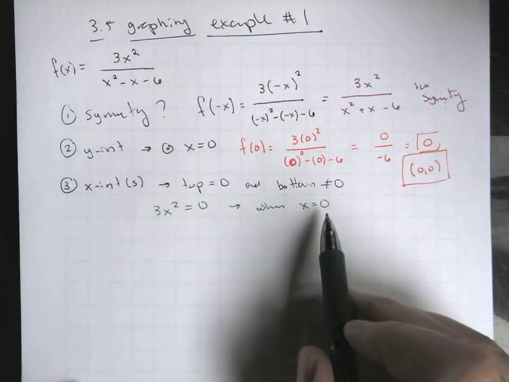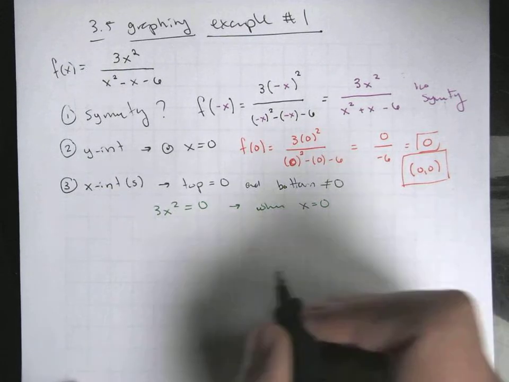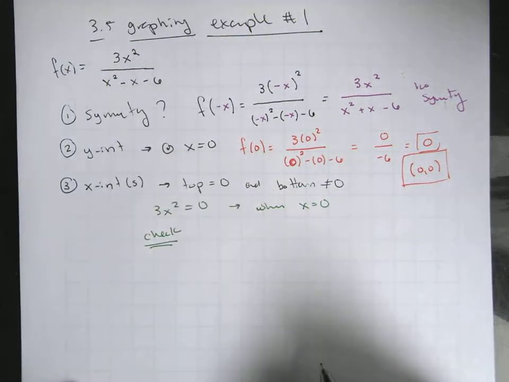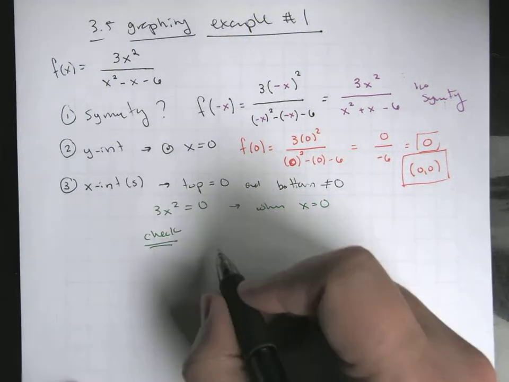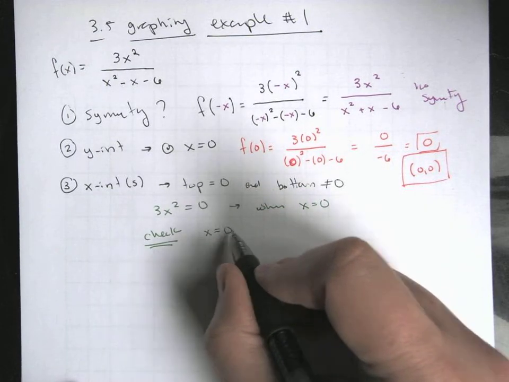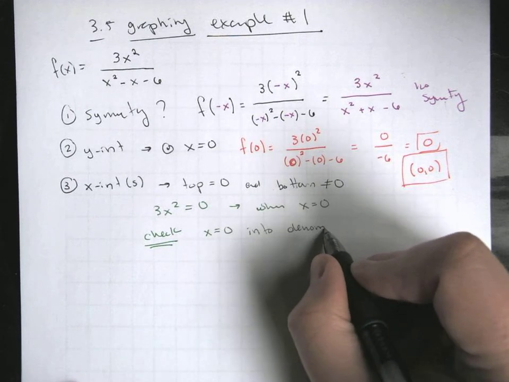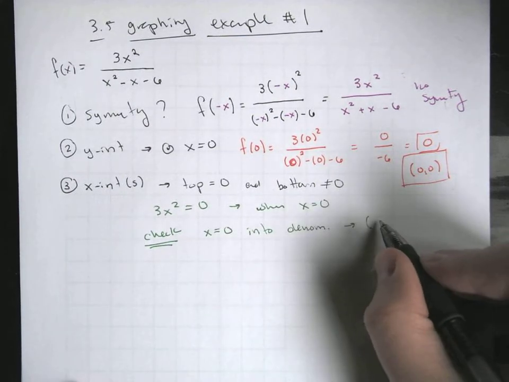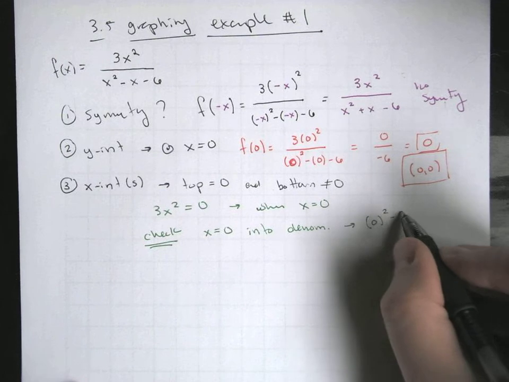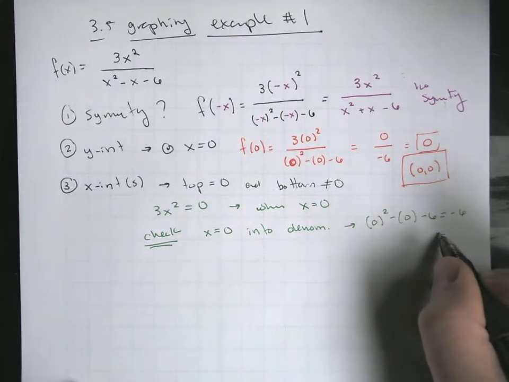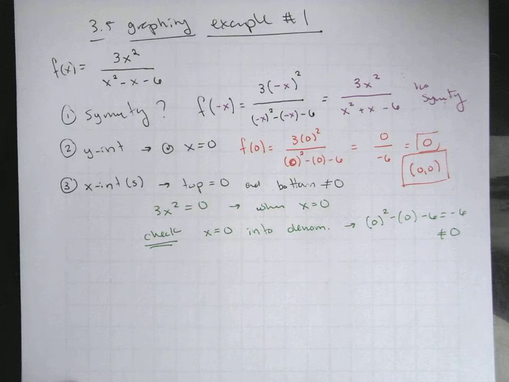We already know that this is not going to make the bottom 0, but we should do a check. I'll write everything out as if we don't necessarily know the information from the other steps. So let's check x equals 0 into our denominator. That's going to look like 0 squared minus 0 minus 6 is negative 6, is not 0.